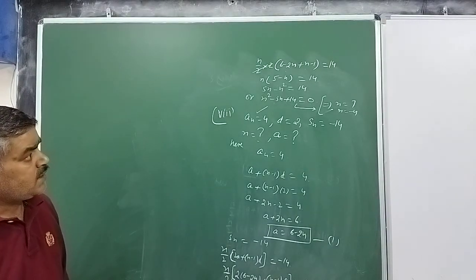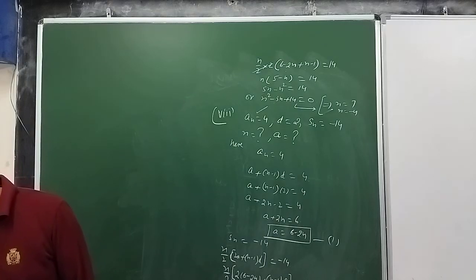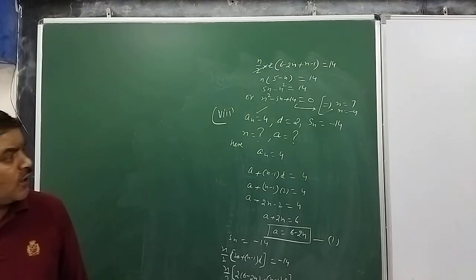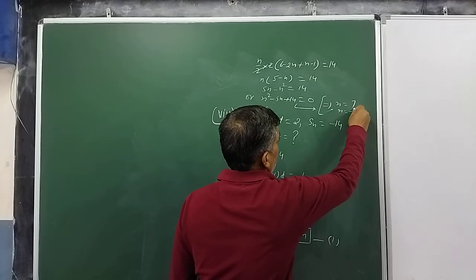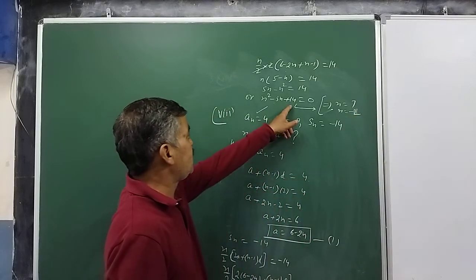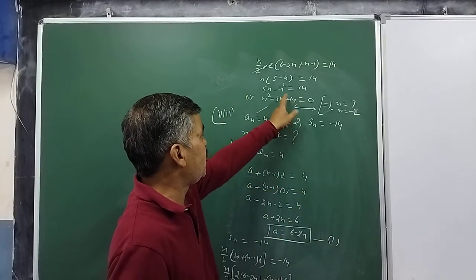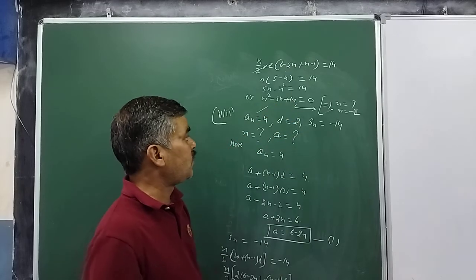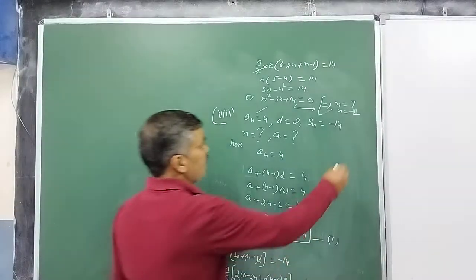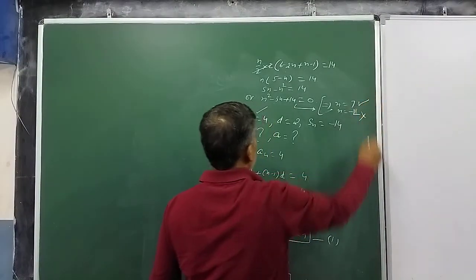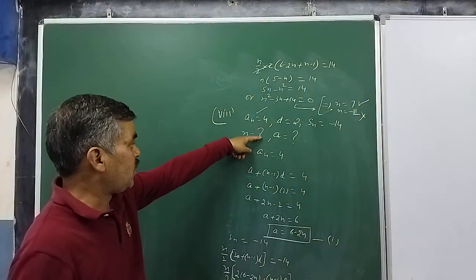So 7 and, I'm sorry, not minus 4, it will be minus 2, because 14 is there. So 7 2s are 14, and the difference of 7 and 2 will give you 5. So 7 and minus 2. So minus 2 I will be rejecting, and 7 I will be considering. That will give you the value of n.